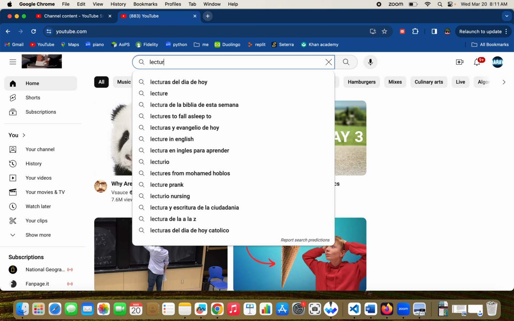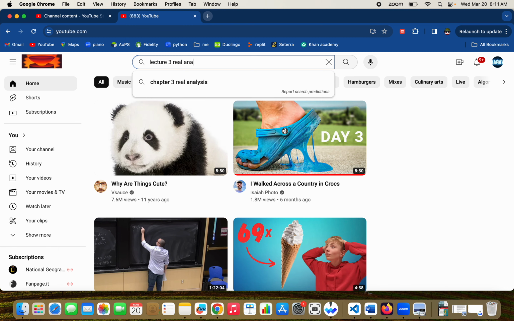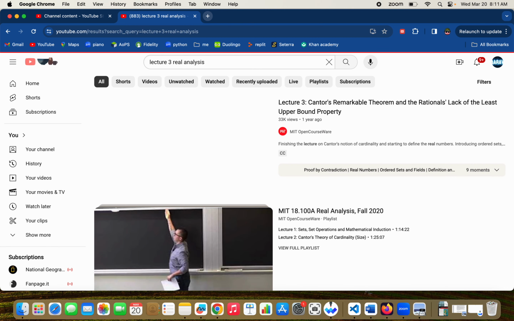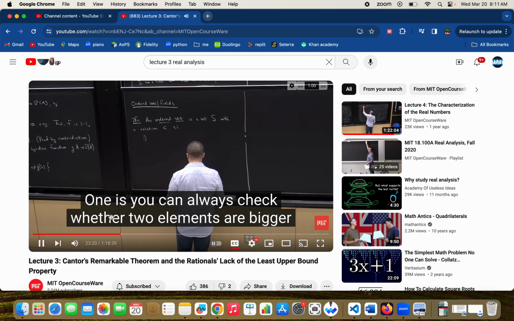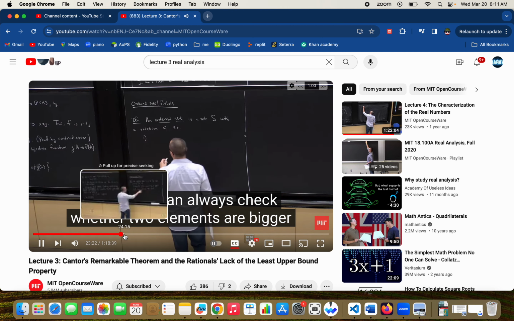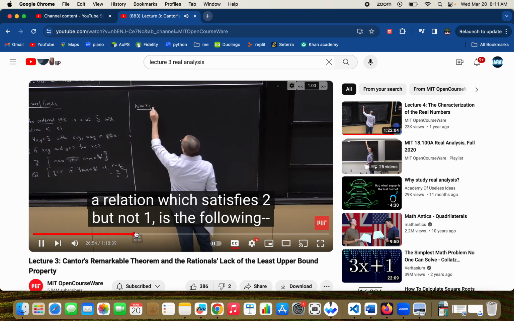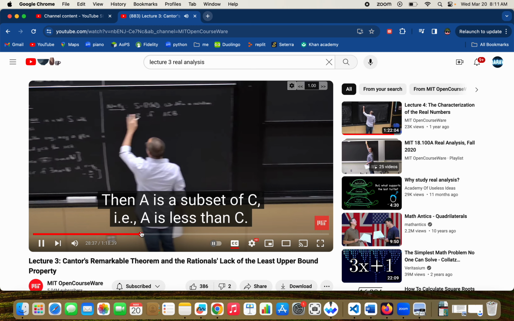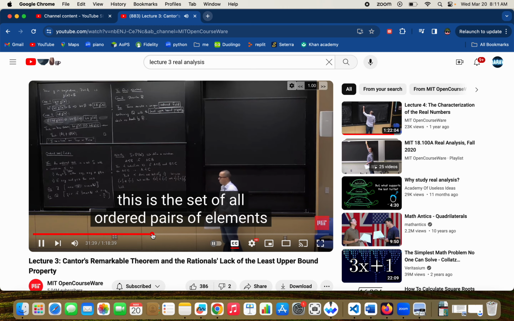Lecture 4. Oh, lecture 3. Something is wrong. You can always check whether two elements are bigger than one another, namely that for the usual ordering, it's not bigger than the other.